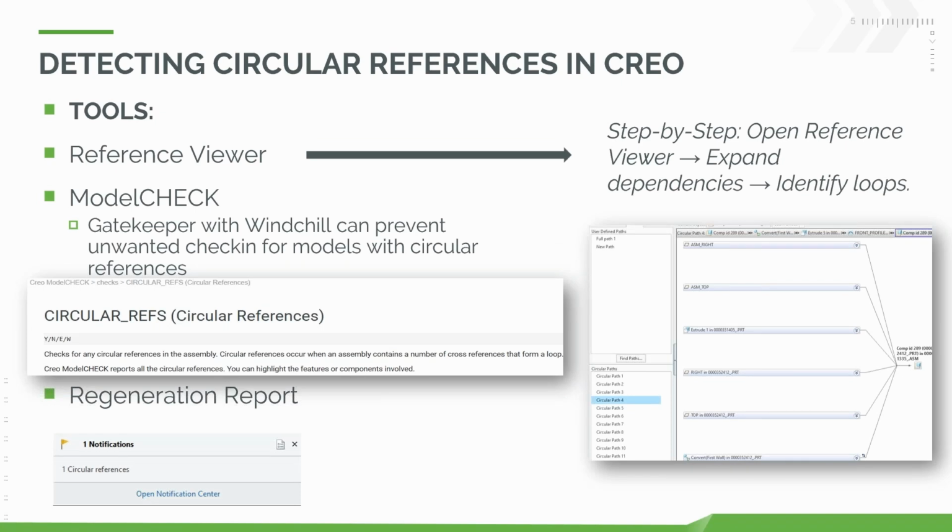So as far as detecting the circular references, we did see that screenshot before, which does pop up as soon as you have a circular reference. But if we wanted to look a little bit more in depth at options that we have inside Creo, there is the reference viewer.